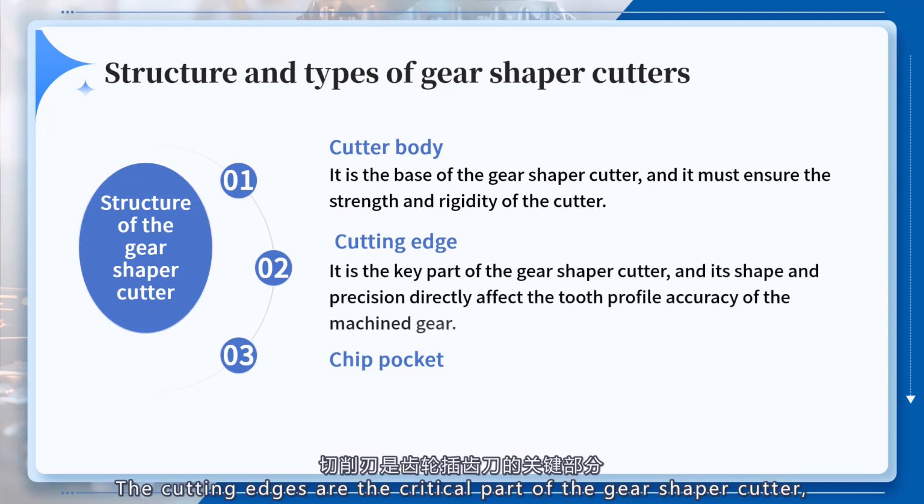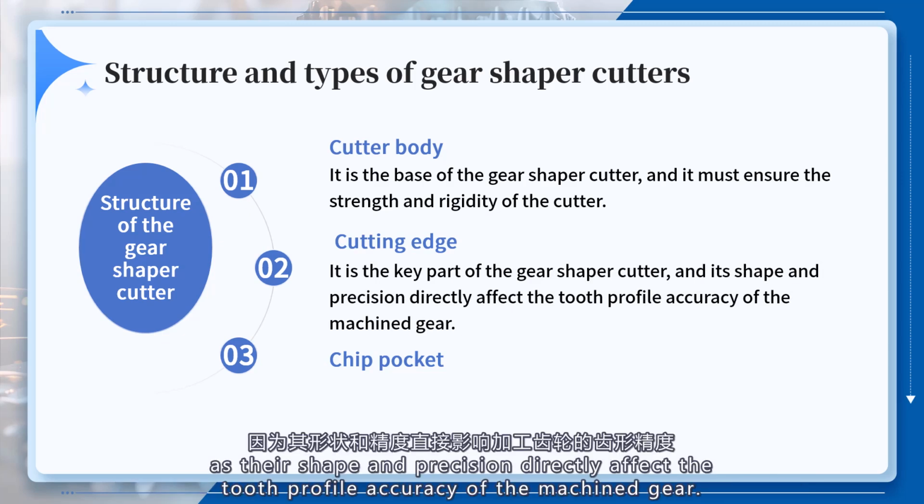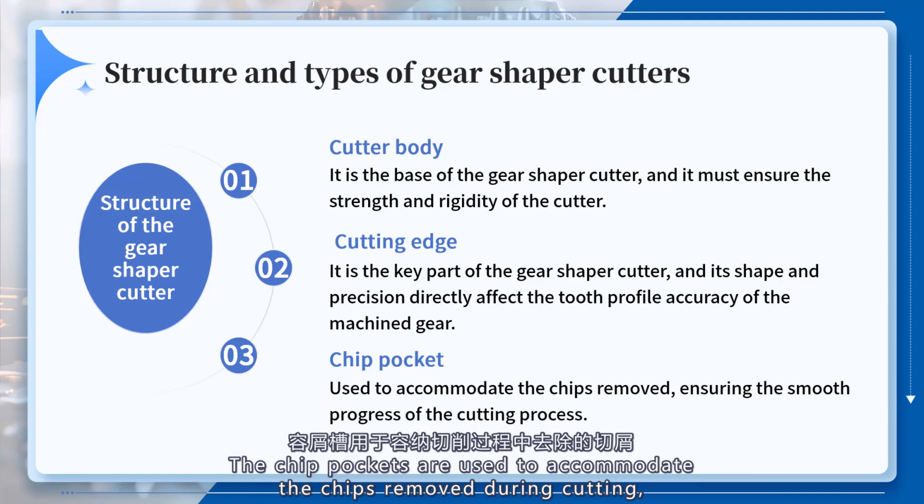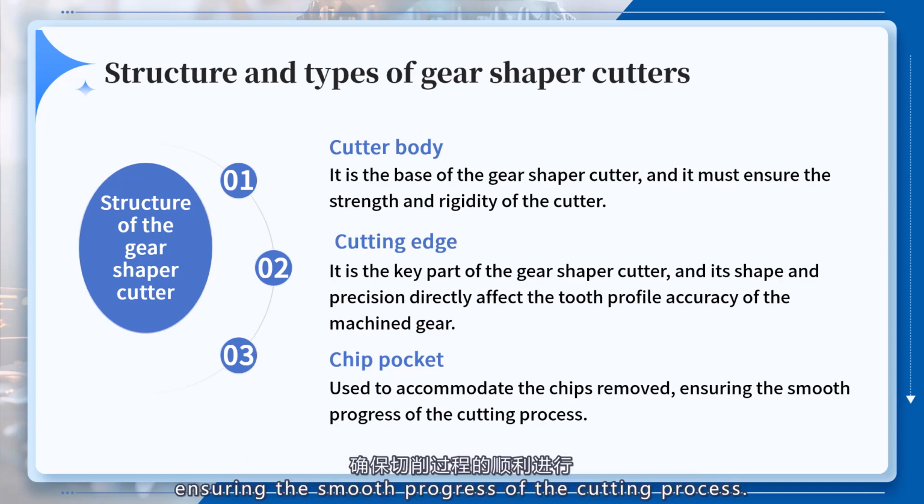The cutting edges are the critical part of the gear shaper cutter, as their shape and precision directly affect the tooth profile accuracy of the machined gear. The chip pockets are used to accommodate the chips removed during cutting, ensuring the smooth progress of the cutting process.